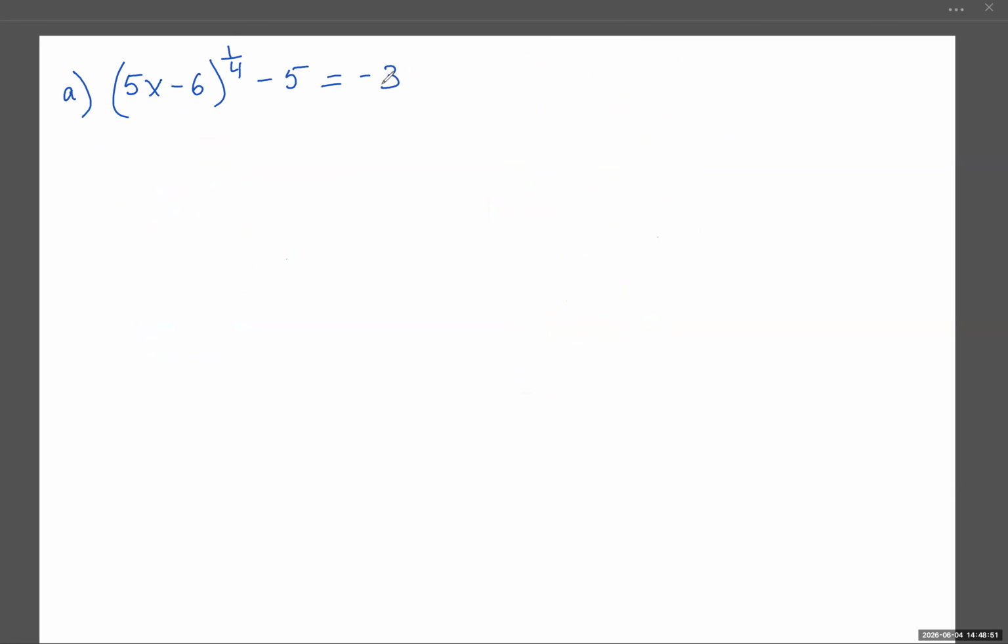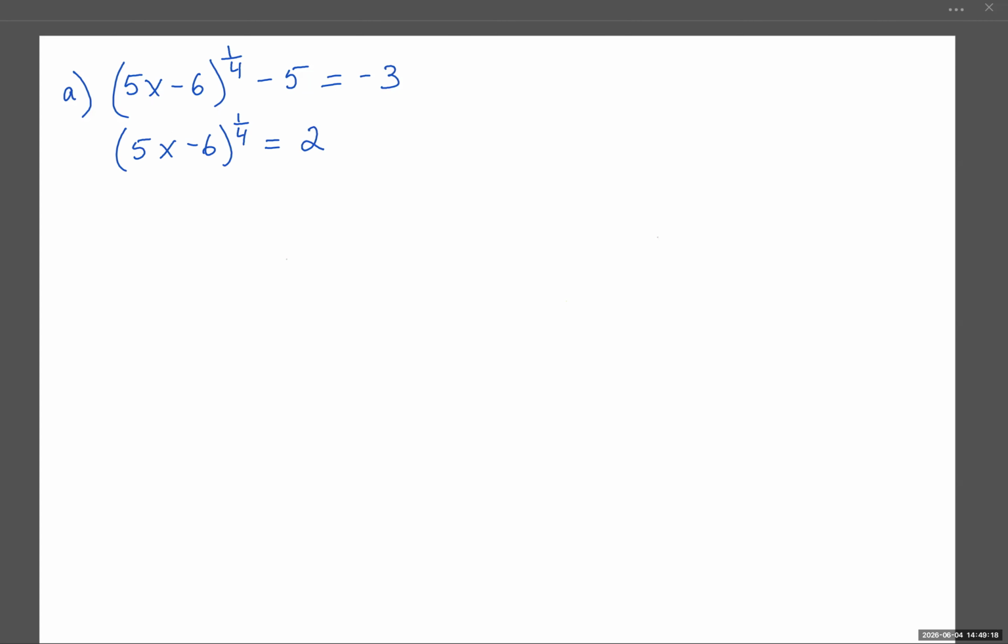This is also a radical equation because the 1/4 power is the exact same thing as the 4th degree root of 5x minus 6. We deal with it the same way. We have to isolate the 5x minus 6 to the 1/4 power on the left-hand side, so add 5 to both sides first. 5x minus 6 to the 1/4 power equals 2.